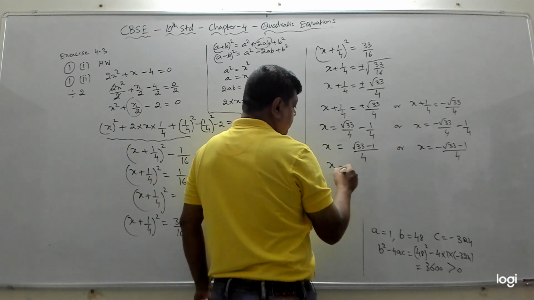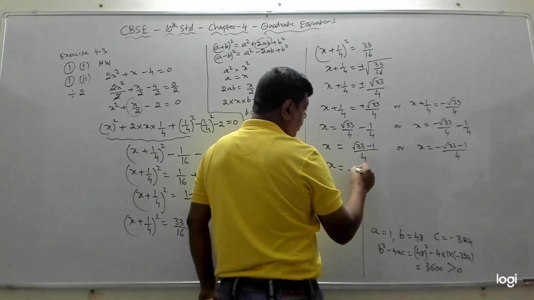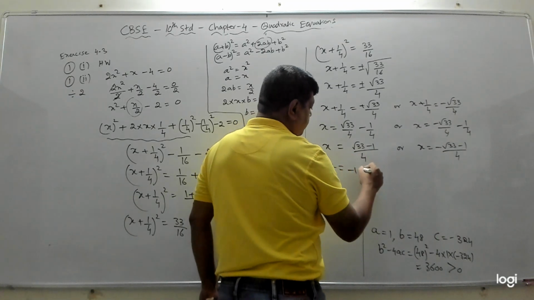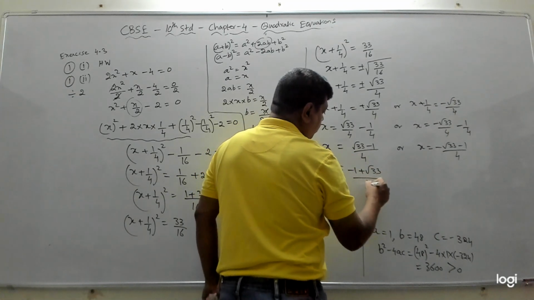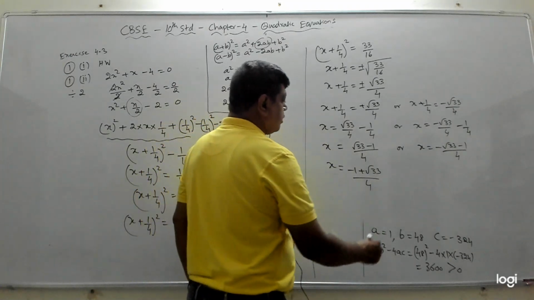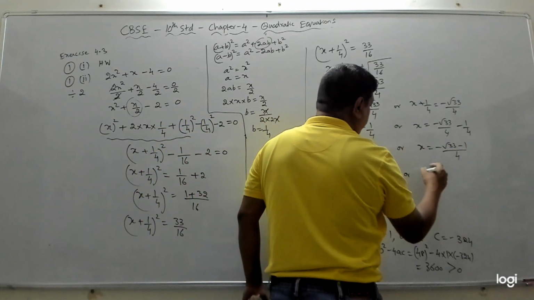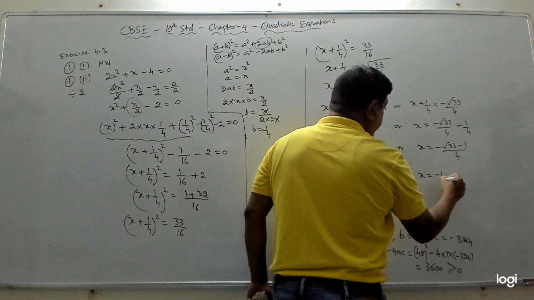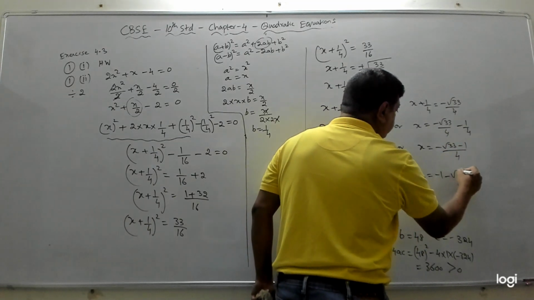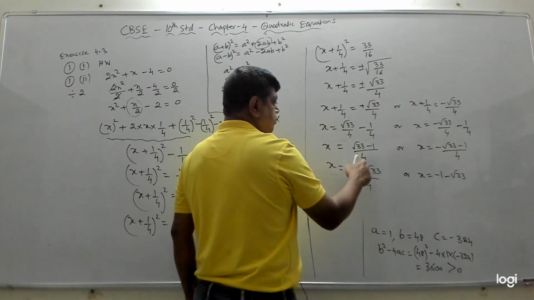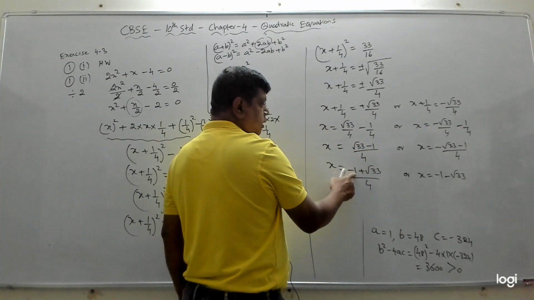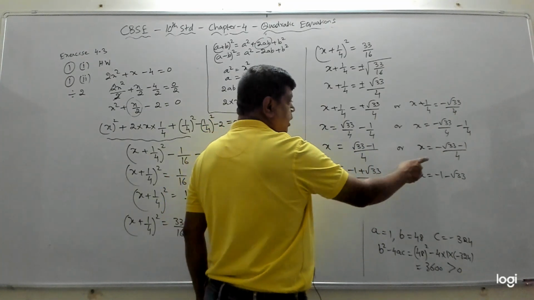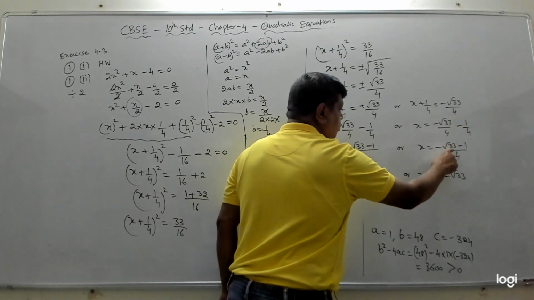So this will be written as x is equal to, first I will write the minus 1, and this is plus root 33 by 4. Or x is equal to minus 1, then minus root 33. First we write the number. The number is what? Not 1, it is minus 1. And this is plus root 33 by 4. Here the number is minus 1 and minus root 33 by 4.